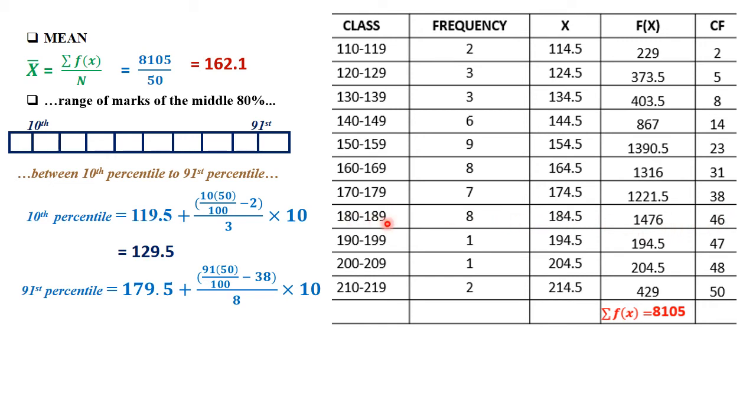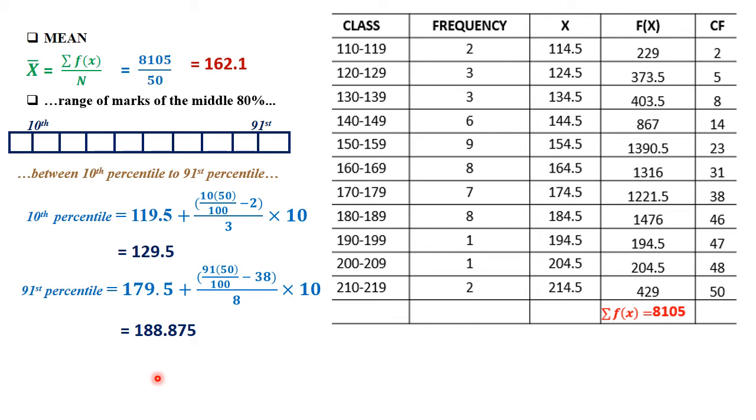So the lower true class limit will be 179.5 minus, just that, 175.5. The cumulative frequency just above that is 38. Yes, the frequency of that particular class is 8. You multiply by 10, which is the class width, and operating, the answer will be 188.875. So that's the 91st percentile.